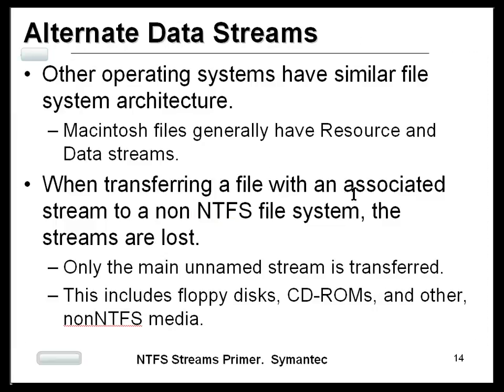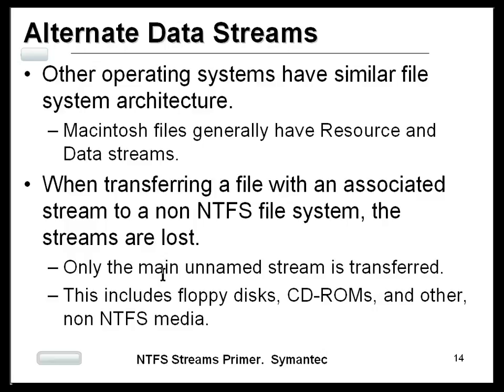When transferring a file with an associated stream to a non-NTFS file system, the streams are lost. Sometimes if you're copying a directory on an NTFS file system to a FAT32 file system, you'll see a warning message that says thumbs.db cannot be copied without losing data or something of that nature.